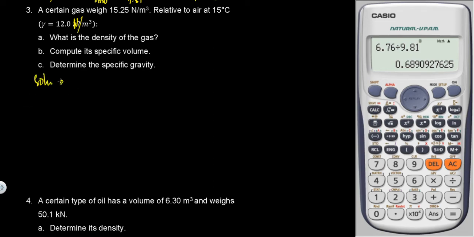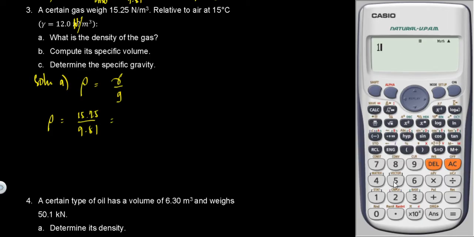Okay, solution for A, density of gas given yung unit weight. So we have gamma over G. So rho is equal to 15.25 over 9.81 equals 1.55 kilogram per meter cube.